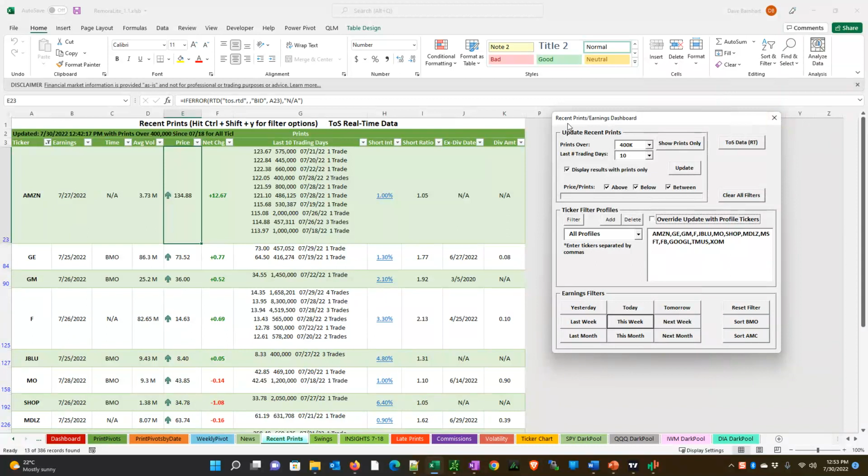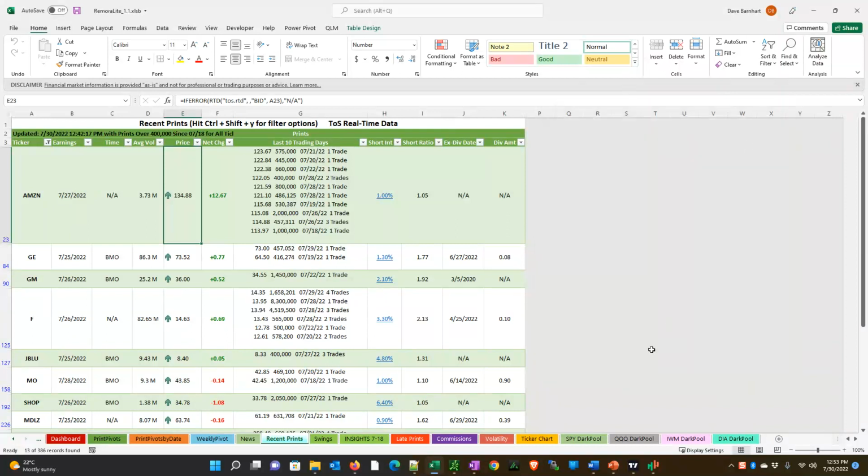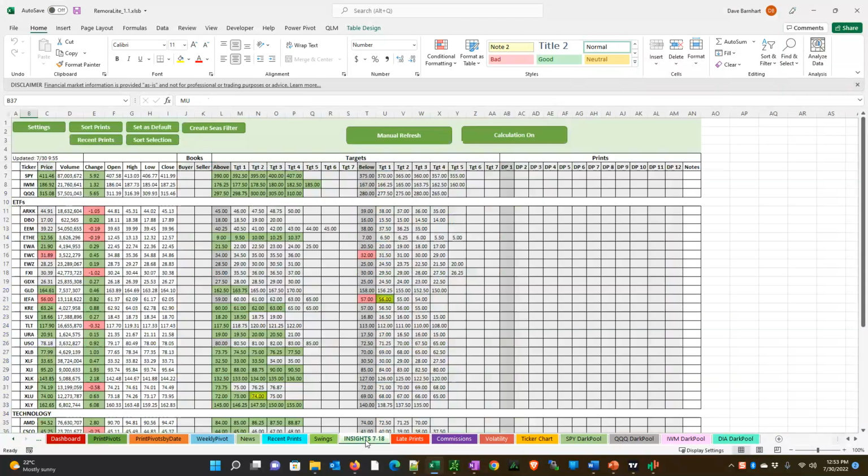Recent prints, insights. Okay, so let's look at the insights here. I do this every week, and Steph somehow finds time to give us more tickers every week. And so here's a completed watch list, this insights. And what I've done here is I've broken this up. This is the one from, she only added a couple.